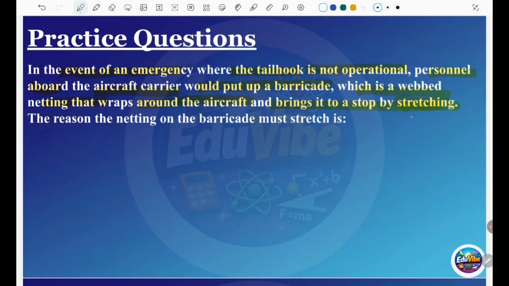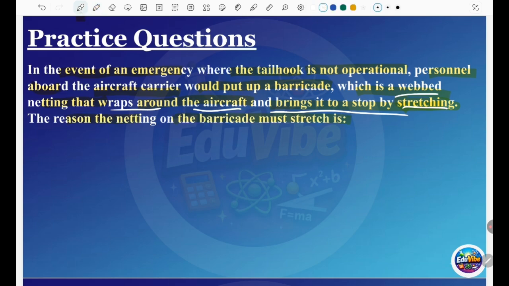The keyword is stretching. The aircraft is not operational, so they put up a web which wraps around the aircraft and brings it to a stop by stretching. They stretch that web and the aircraft stops. So what is the reason the netting on the back end must stretch?